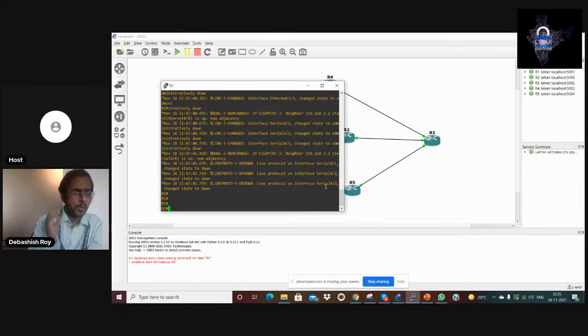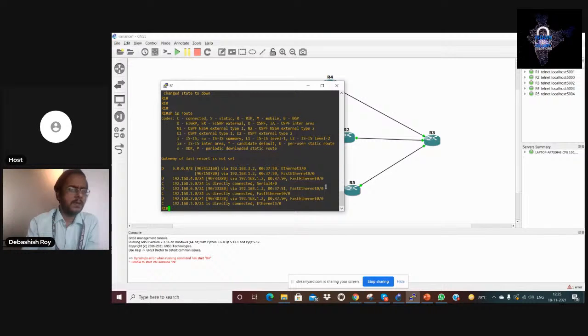Now, if you go to R1 and give the command show ip route, first verify that the IP routes are there. Yes, you can see these IP routes denoted as D, for EIGRP.